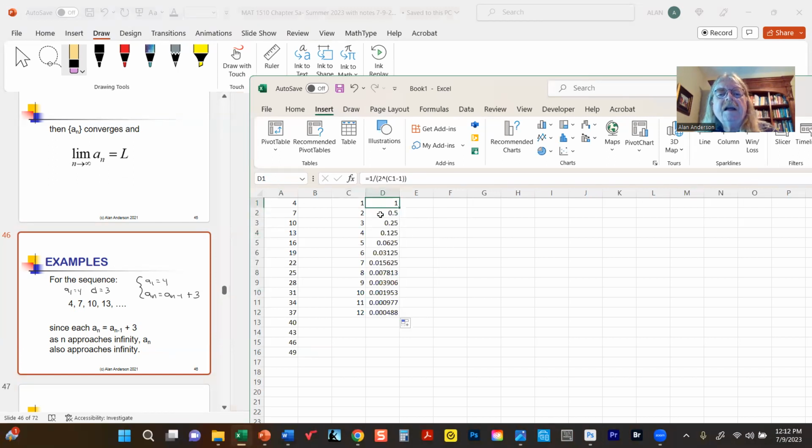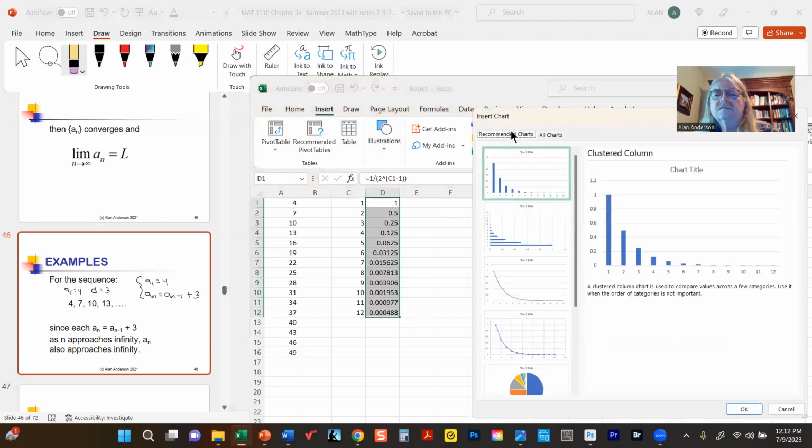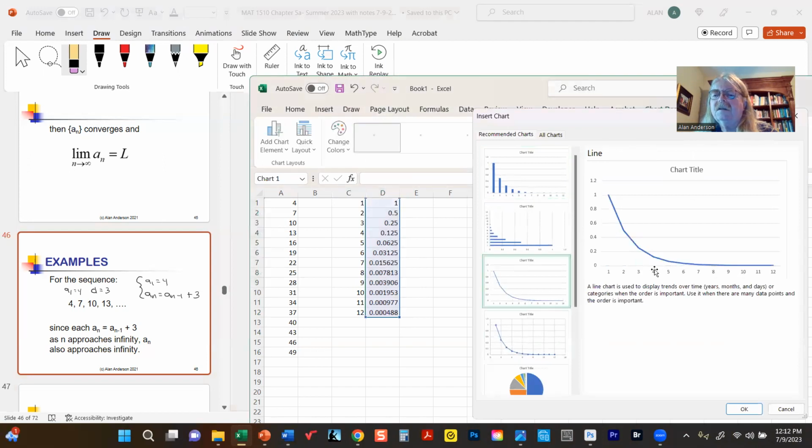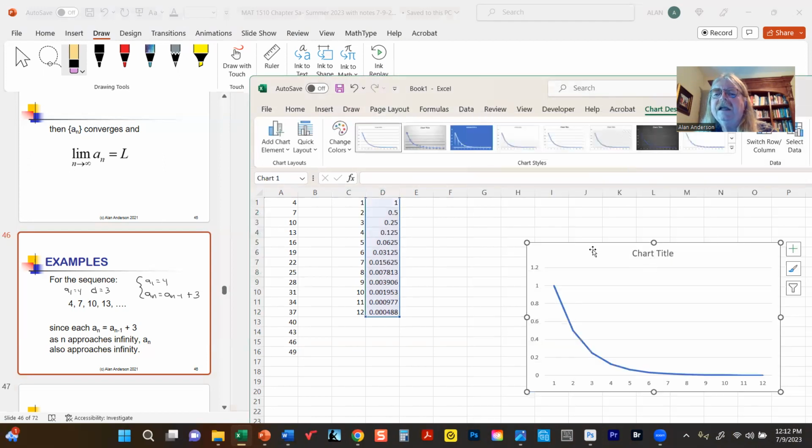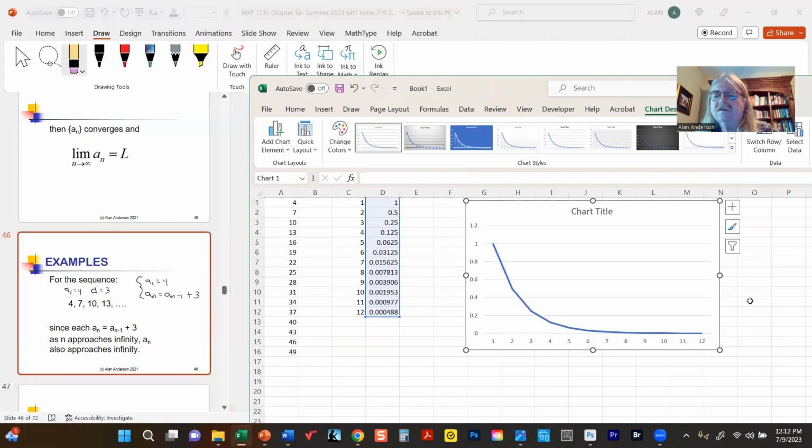It's got 1, a half, a quarter, an eighth, a 16th, etc. So when I plot this one, yeah, now we're talking. Look at that. It's pretty obvious that this one is converging to 0.